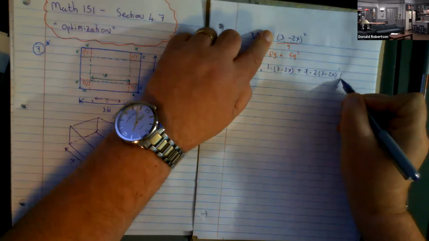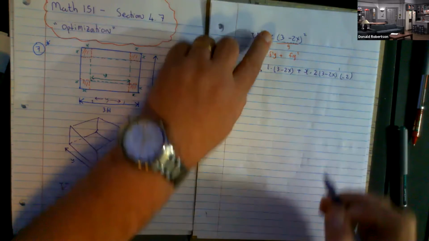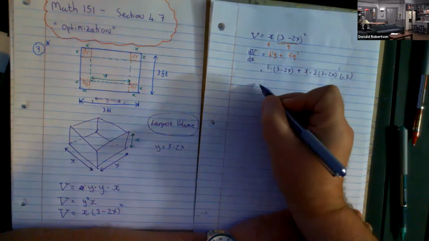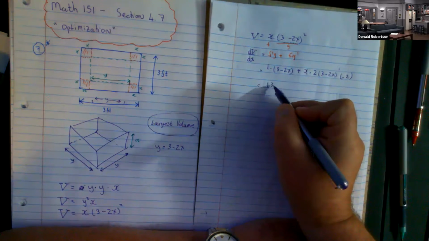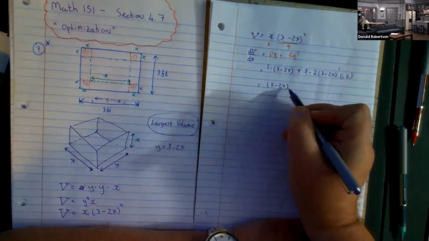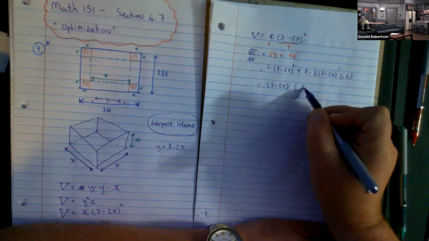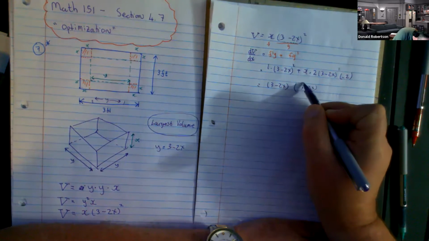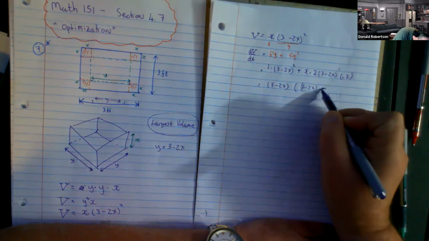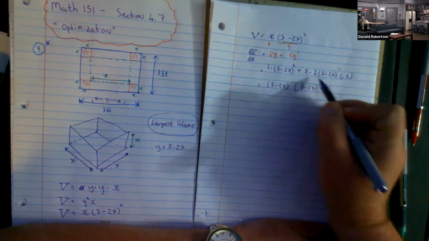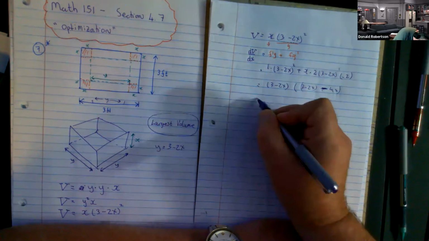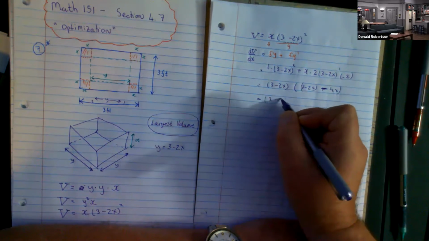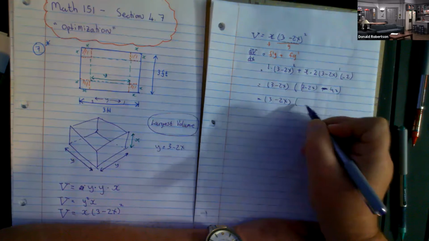Now, if you pull out 3 take away 2x as a common factor, you will be left with the 3 take away 2x minus 4x, so you'll be left with a 3 take away 2x and a 3 take away 6x.